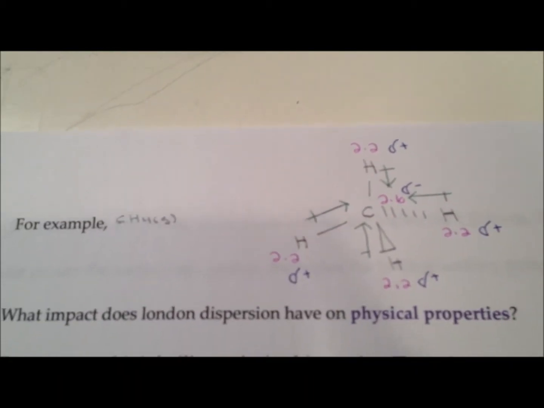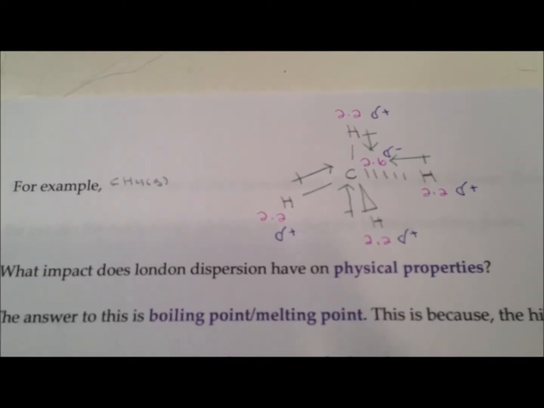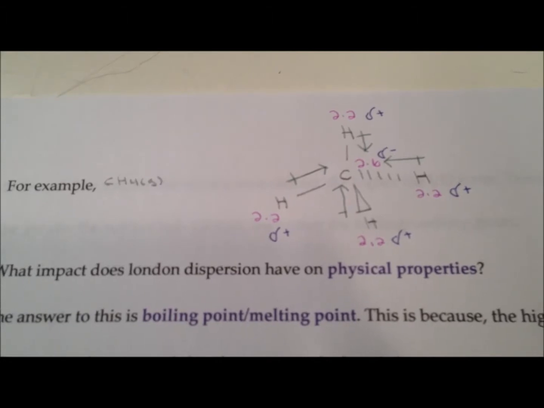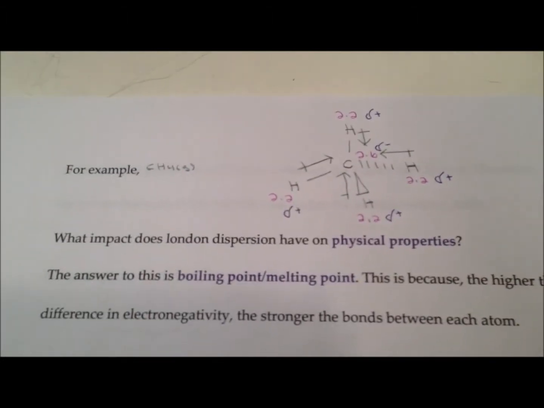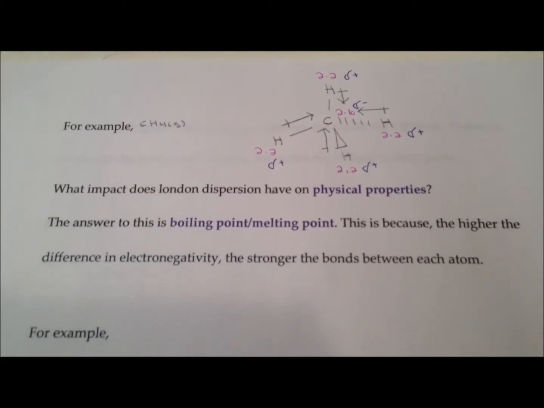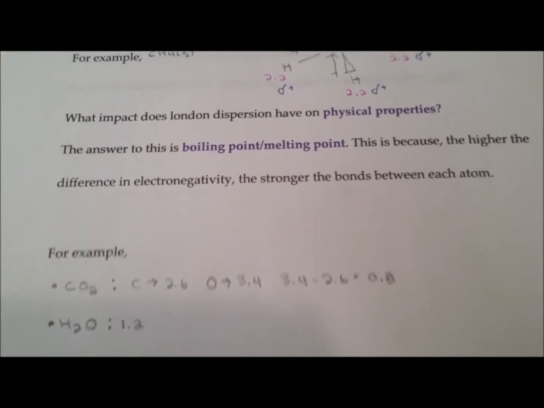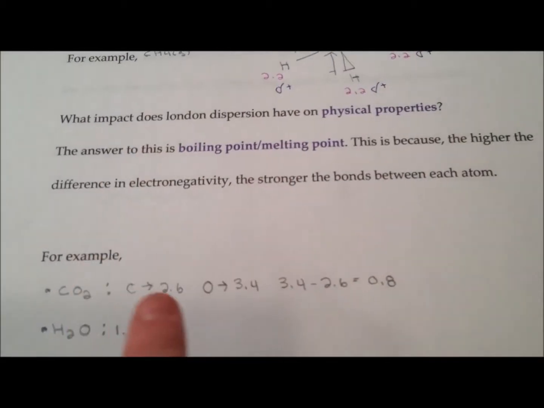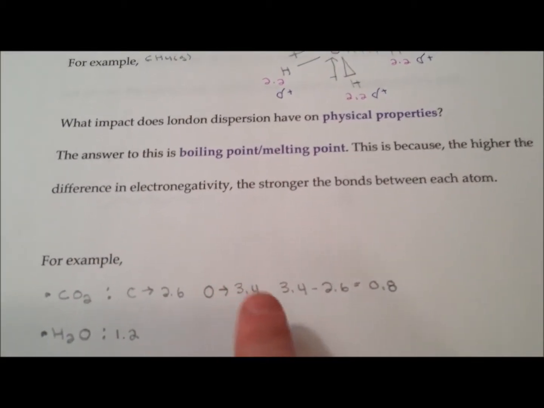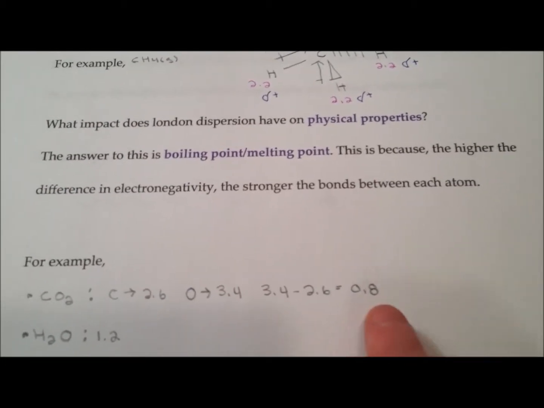What impact does London dispersion have on physical properties? The answer to this is boiling or melting point. This is because the higher the difference in electronegativity, the stronger the bonds between each atom. For example, carbon dioxide and water. Carbon's electronegativity is 2.6. Oxygen's is 3.4. 3.4 minus 2.6 is 0.8.